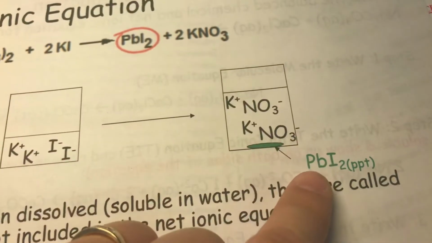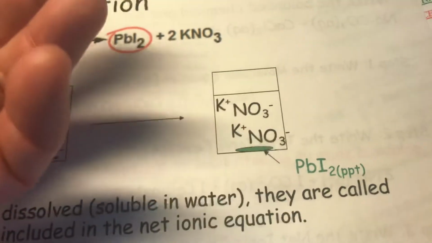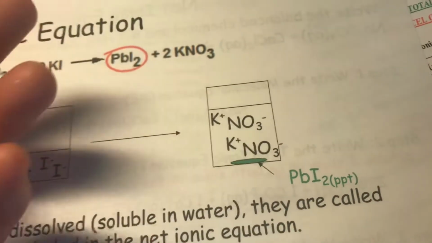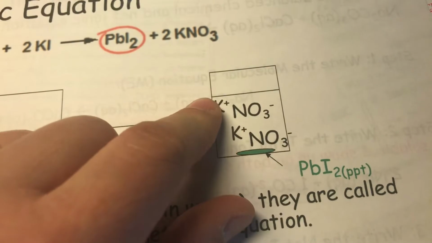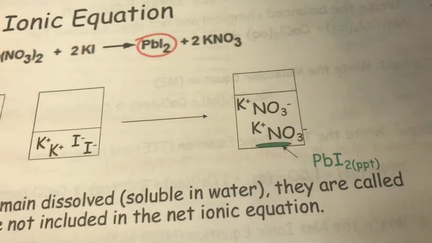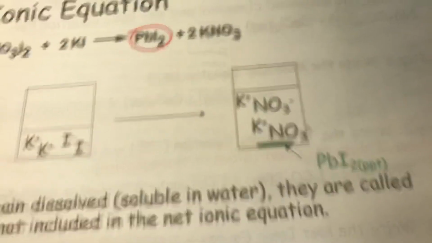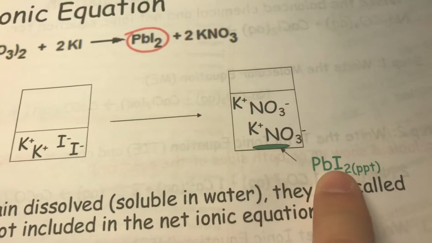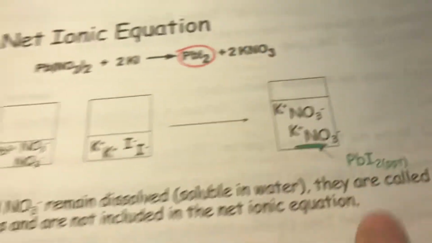I will have my PbI2 precipitate on the filter paper, and that's what I want to keep. The potassium and the nitrate will go to the filtrate, into the flask, and I don't care about them. All I care about is what happened with the precipitate on the filter paper.